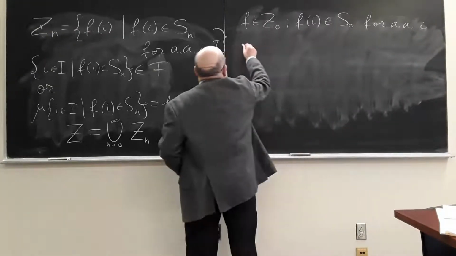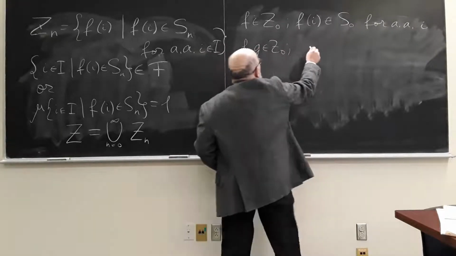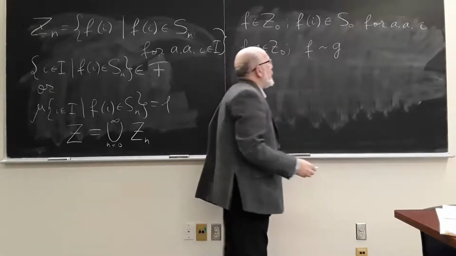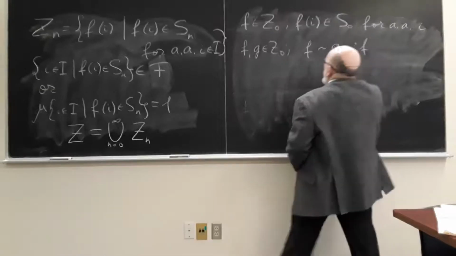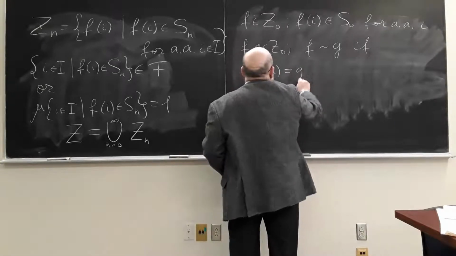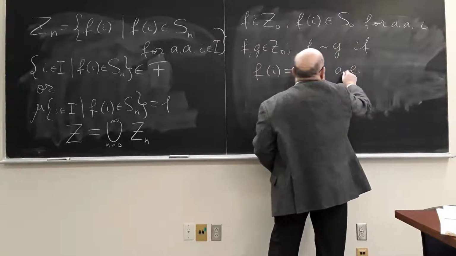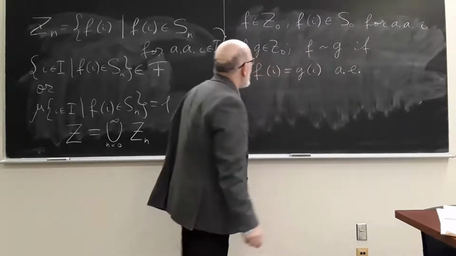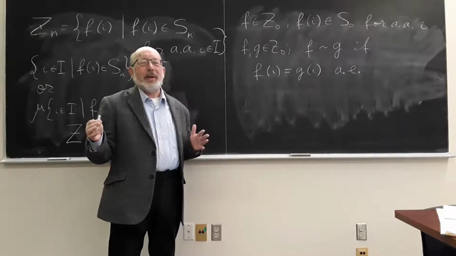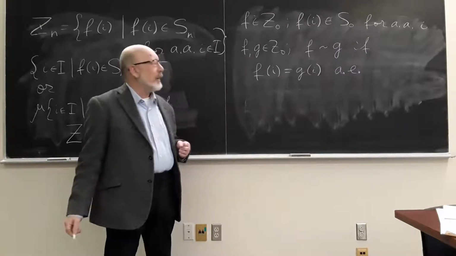We write that if f and g are in Z0, we write f equivalent to g if f of i equals g of i almost everywhere, for almost all i. So two functions which coincide almost everywhere, we naturally call them equivalent.